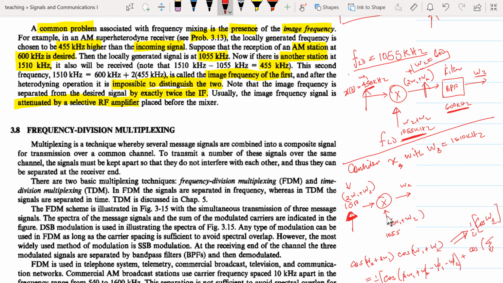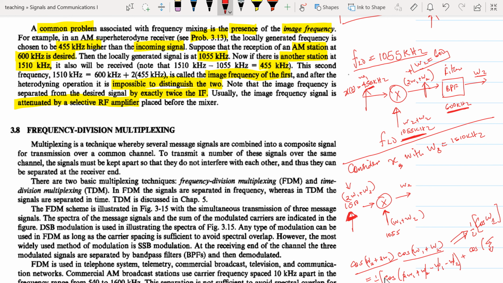is multiply with our locally generated carrier, which is at omega 1 plus omega 2. We are going to do some operations, as you can see here, that says we are going to have cos of omega 1 plus 2 omega 2, this incoming, times the locally generated signal, which is omega 1 plus omega 2.